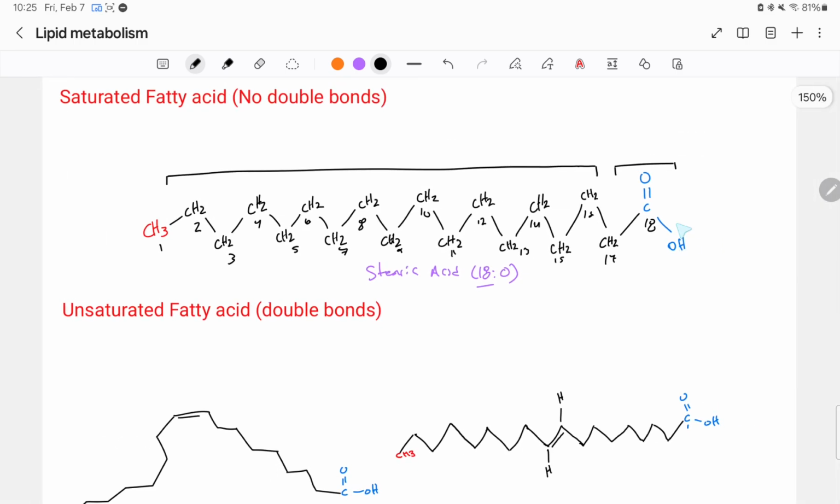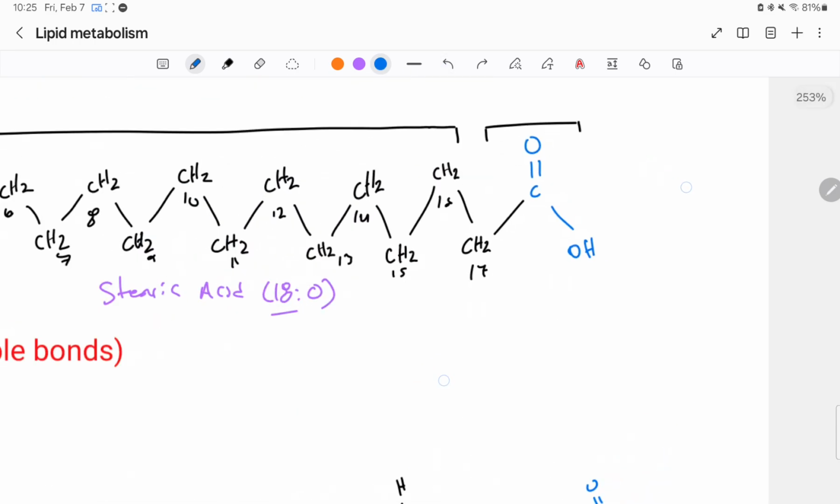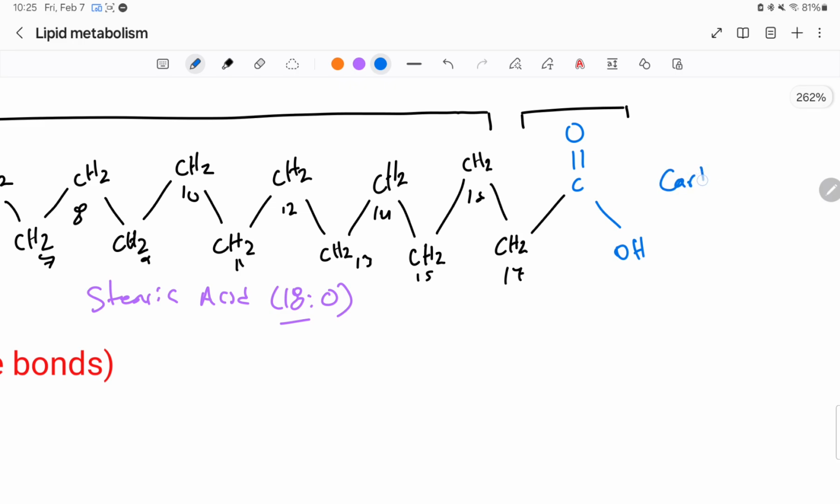Now, there's a couple special regions that I really do want you to know here. I really want you to know these. It's the fact that this region in blue, this region right here in blue, is a special region. It's called a carboxylic end. It's a carboxyl group.